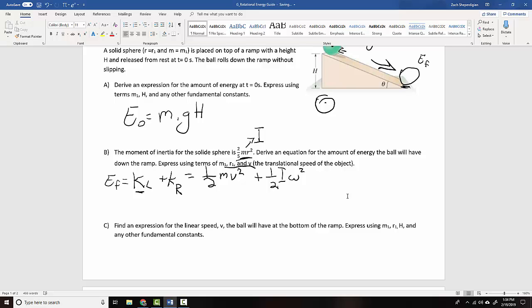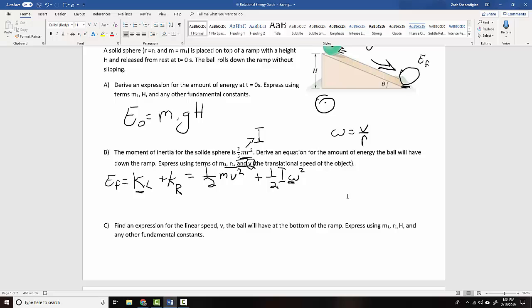Now, the thing is, we know what our I is, and we need to get it in terms of v, and so not using omega. We do know that omega is our linear speed over radius. We derived that in class earlier.